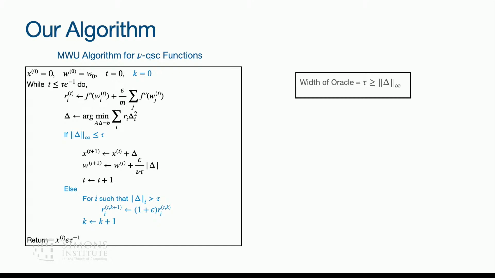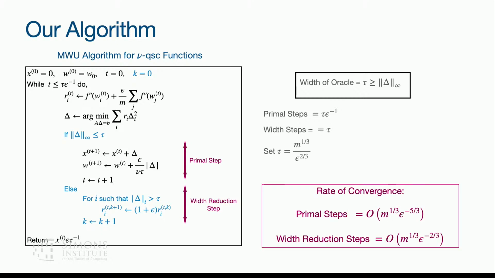And in the end, you just return the average of the solutions you formed. You can think of this as a primal step and this as a so-called dual step in terms of optimization. And we can prove that these basically give you a rate of convergence of some m to the 1/3 and some constant. So you can find a constant approximation in some m to the 1/3 iterations.